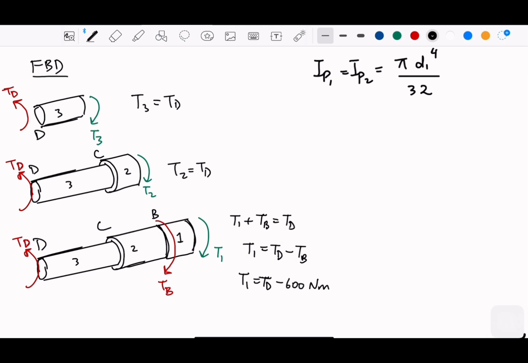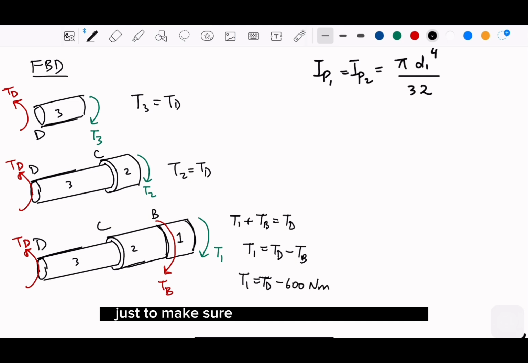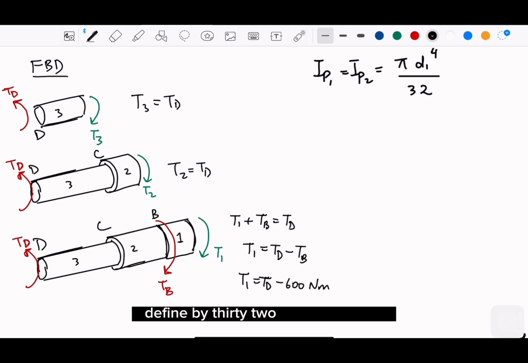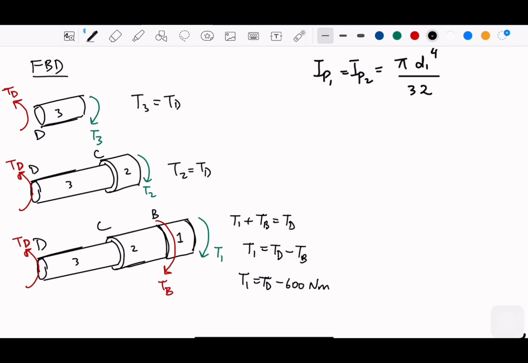Let me check just to make sure that the number is correct. 40 to the power of 4, divided by 32, multiplied by pi.